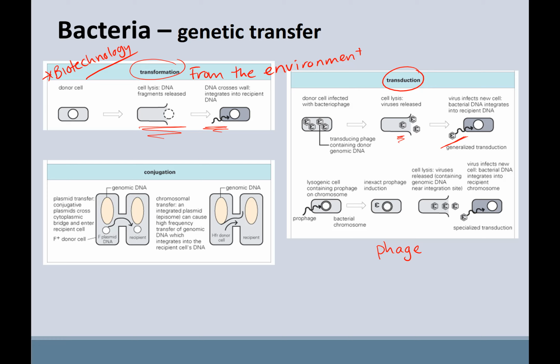Probably the most important way for gene transfer that we're concerned about in the medical field is conjugation. And we also like to call this bacteria sex. And what's happening in conjugation is numerous genes are delivered, transferred. Okay, and you can see this can be through a plasmid, or this can be chromosomal DNA.